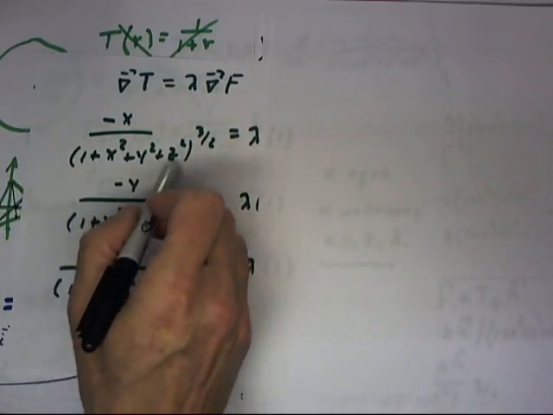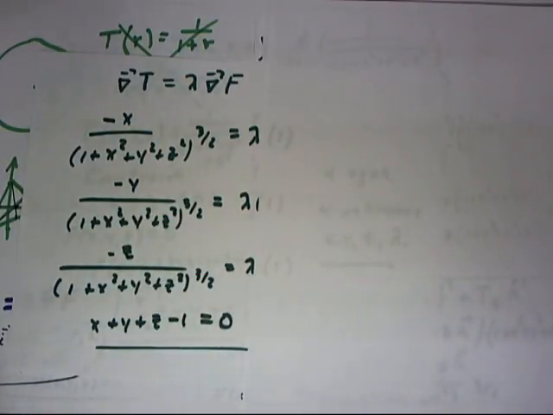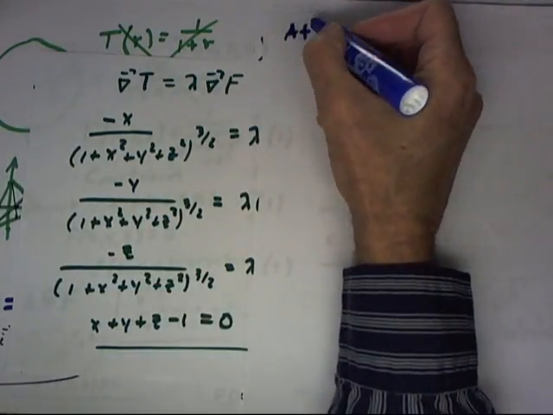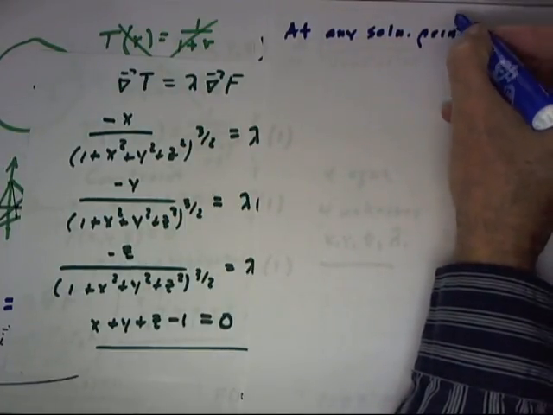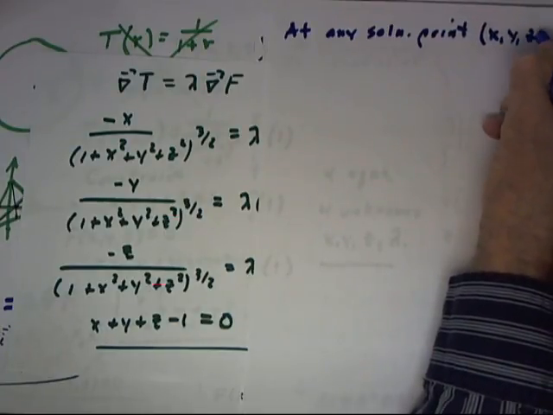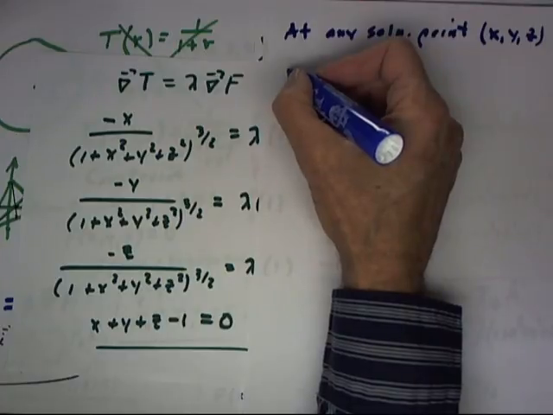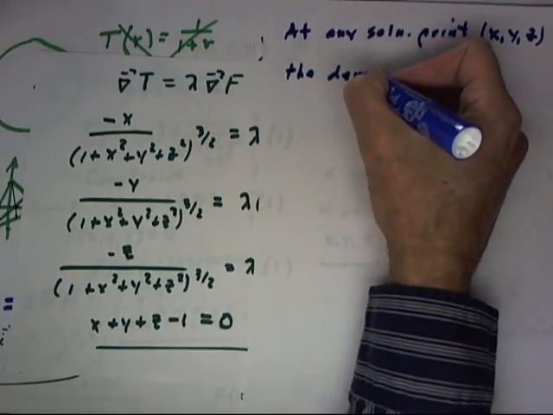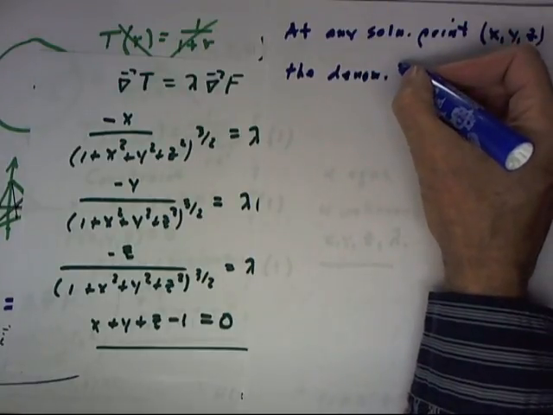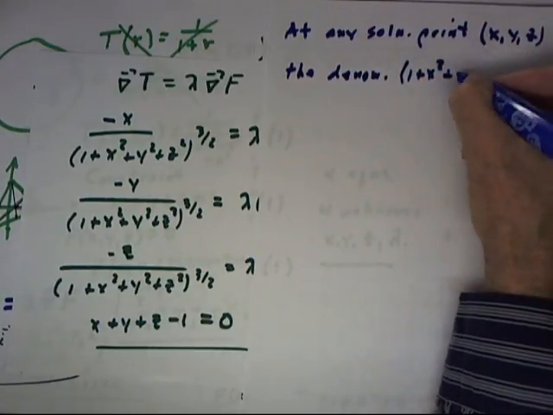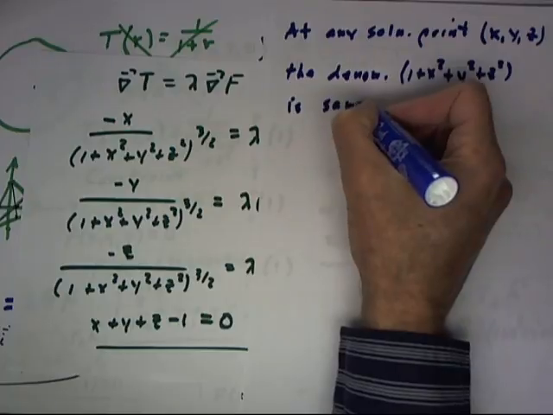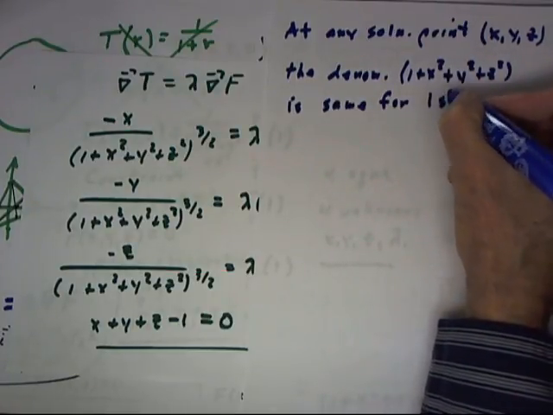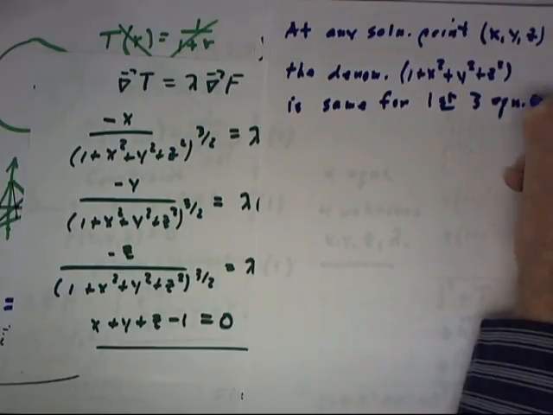We'll get them back in a minute, but just to look at these equations, at any solution point x, y, z, the denominator 1 plus x squared plus y squared plus z squared is the same for the first three equations.